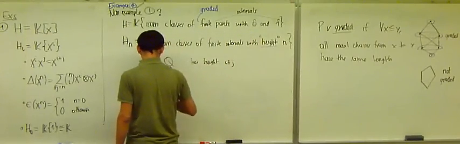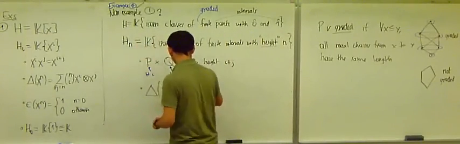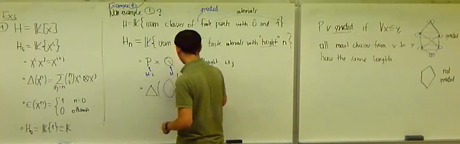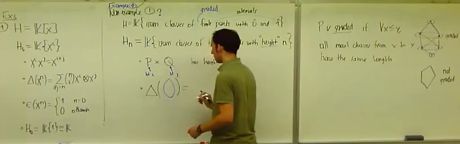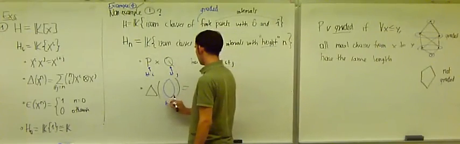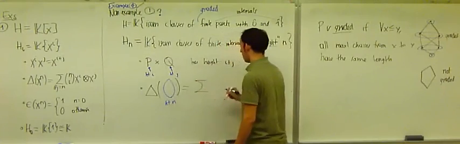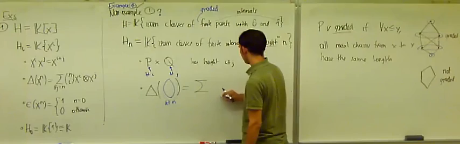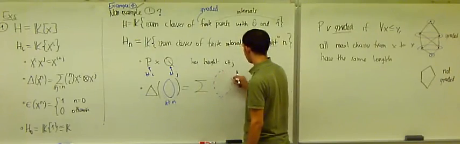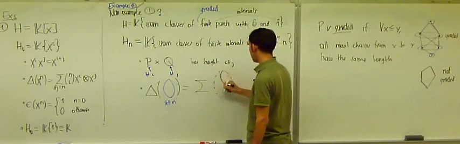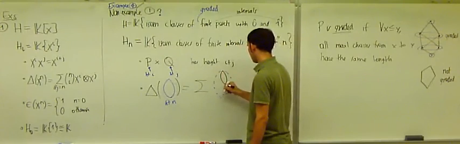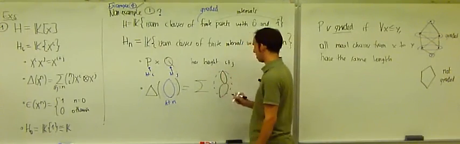What about coproduct? So I take delta of some interval. Okay, so this has height n. So this is equal to the sum of all the ways of doing this tensor this, right?